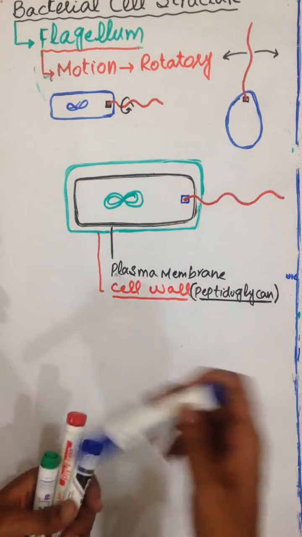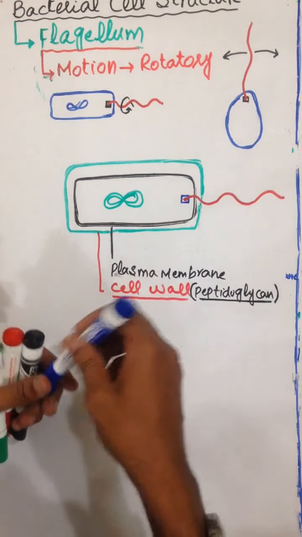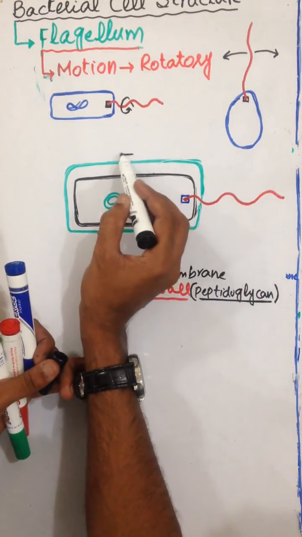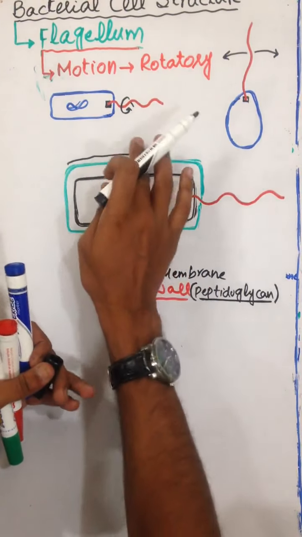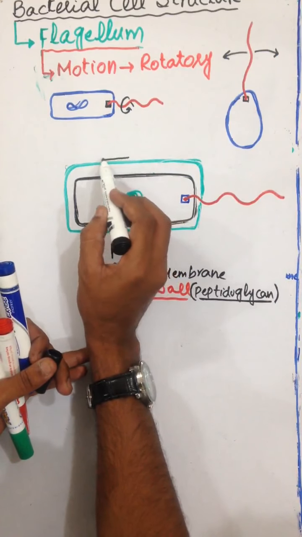So in the case of gram-negative bacteria, there is a further covering present outside the cell wall. This is very close to the cell wall.